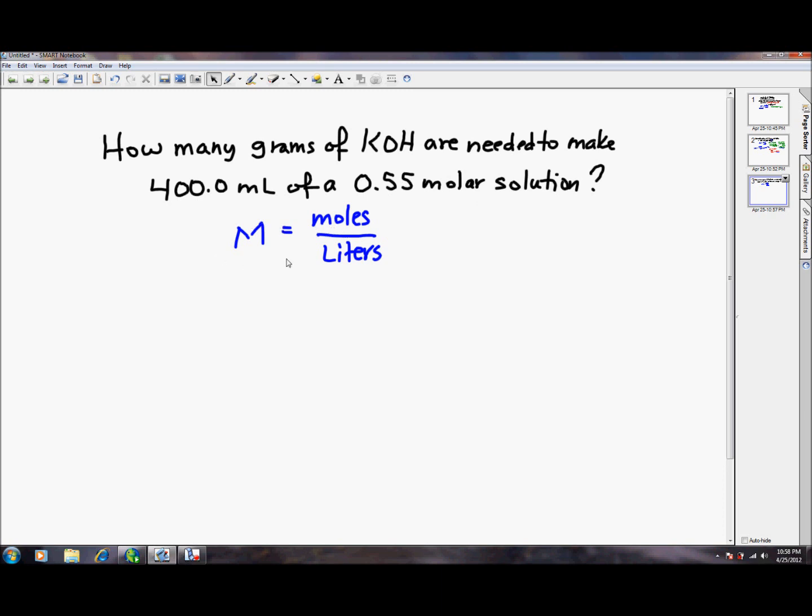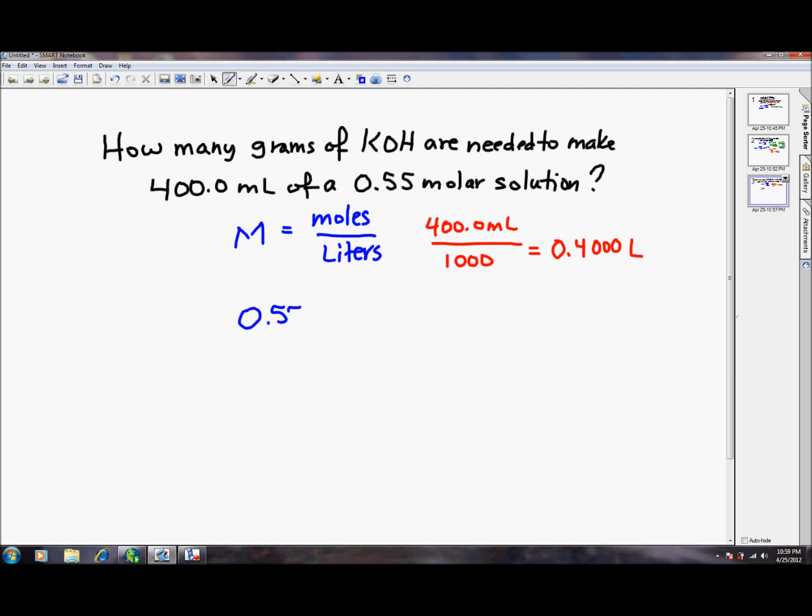So if you look at the problem, what are we going to solve? We're going to be solving for moles. What are we going to do with the answer? We're going to have to convert from moles to grams. Okay, so let's take our 400 mils. Remember, you divide by 1,000. Okay, and I'm going to substitute.